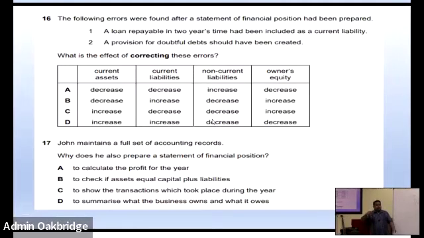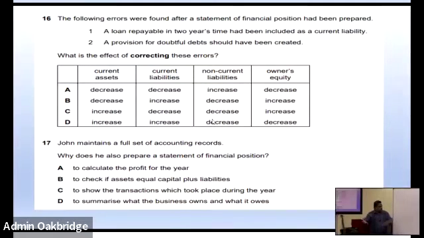In your SOFP, what does provision for doubtful debt affect? Current asset. Which of your current assets? Trade receivables. Trade receivables must minus provision for doubtful debts, the total percentage. So now if you create, your current asset will go up or go down? Go down. So current asset decreases. Which is the answer? A.